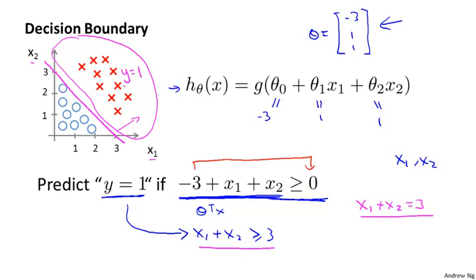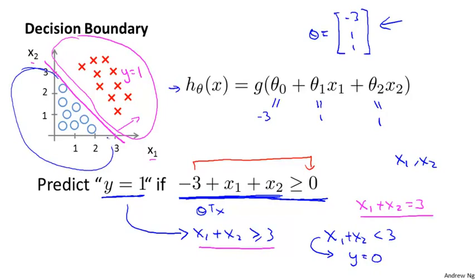And in contrast, the region where x1 plus x2 is less than 3, that's when we will predict that y is equal to 0. And that corresponds to this region. It's really a half plane, but that region on the left is the region where our hypothesis will predict y equals 0. I want to give this line, this magenta line that I drew, a name.